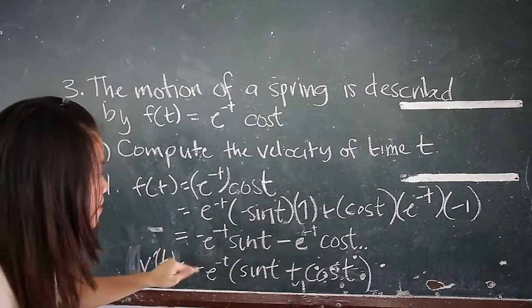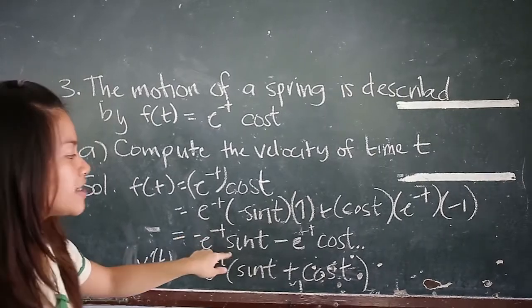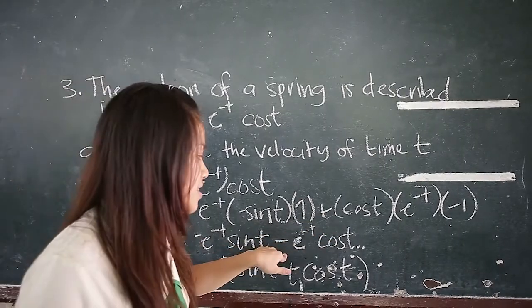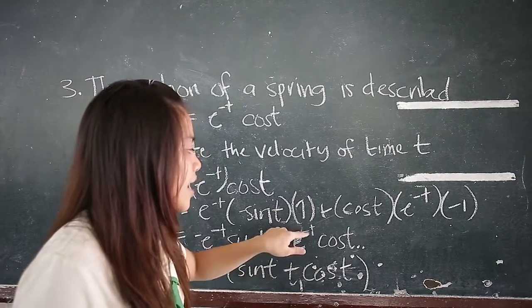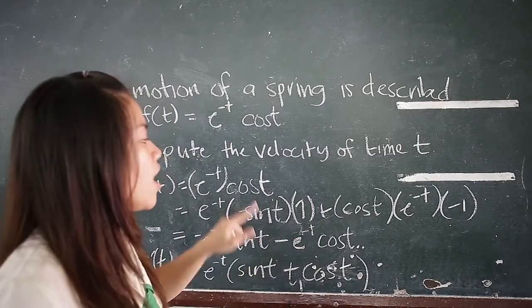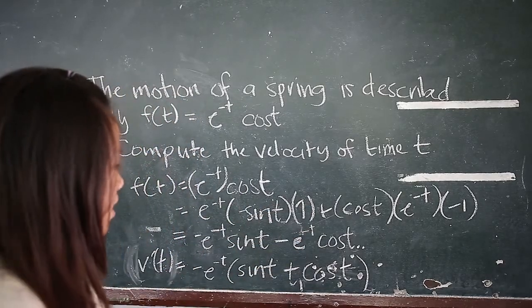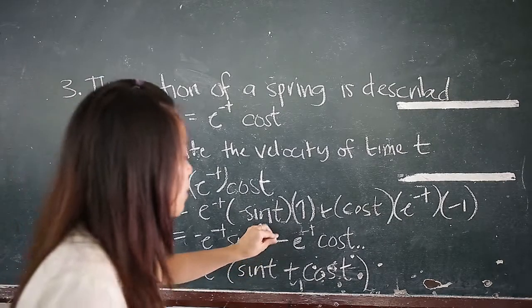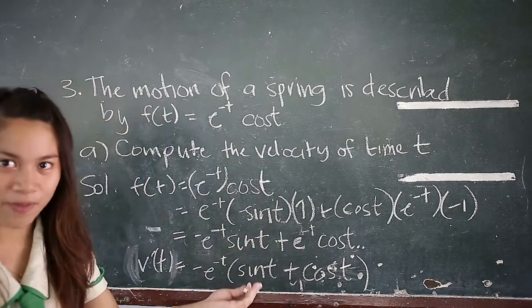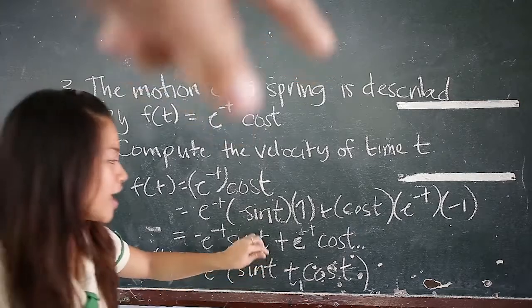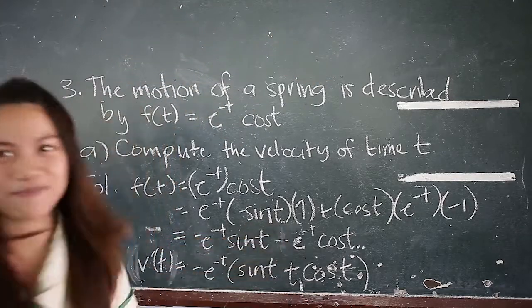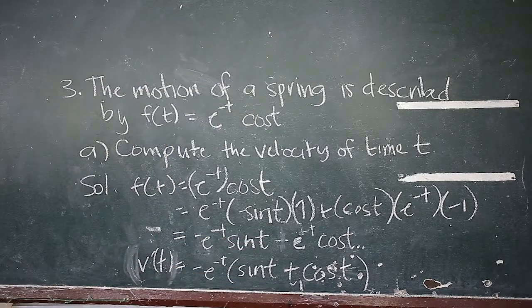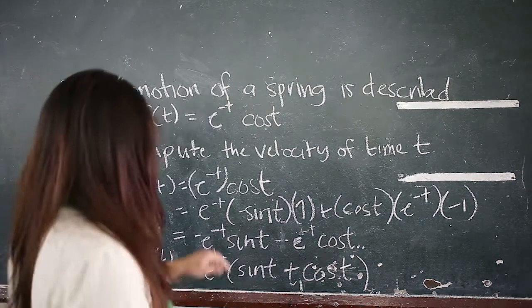So negative e raised to the power of negative t sine t minus e raised to the power of negative t cosine t. Oh, this is plus. That is plus.